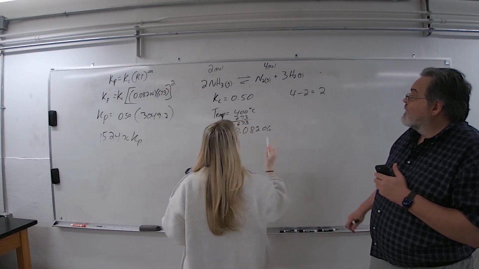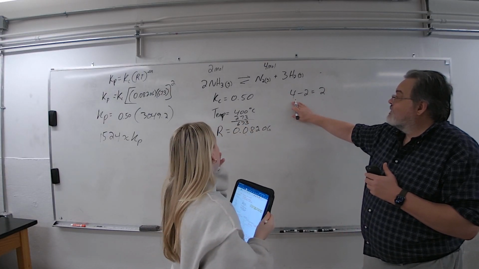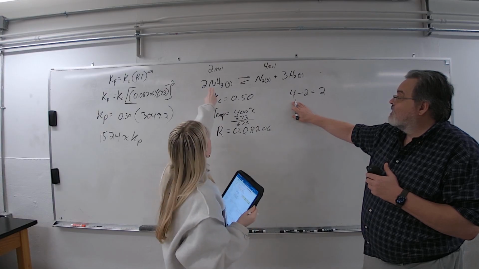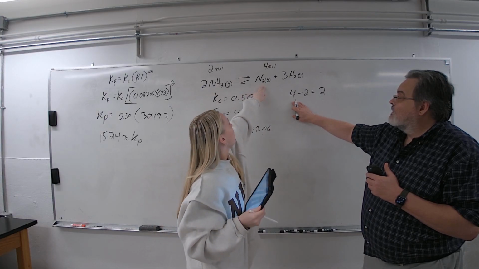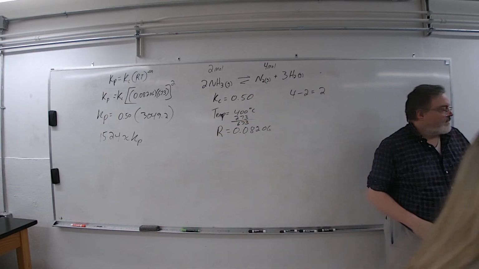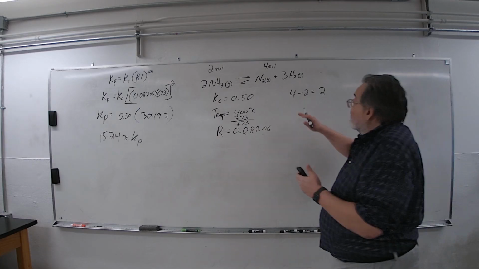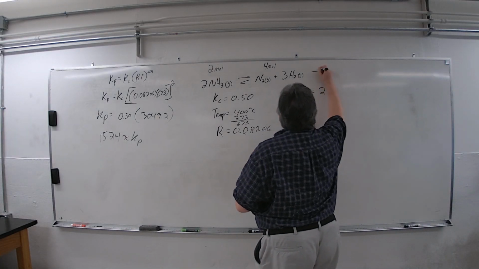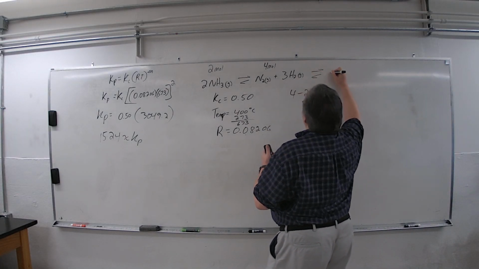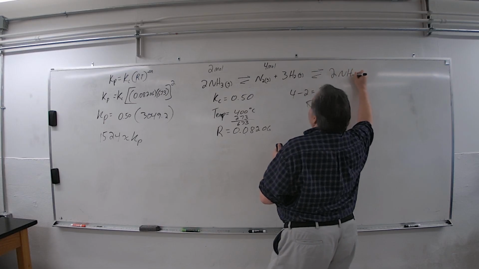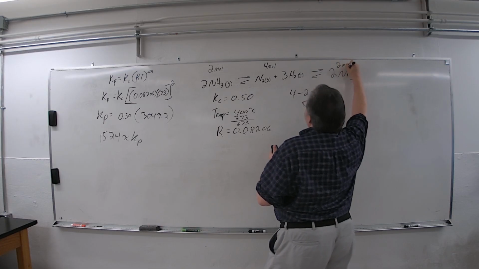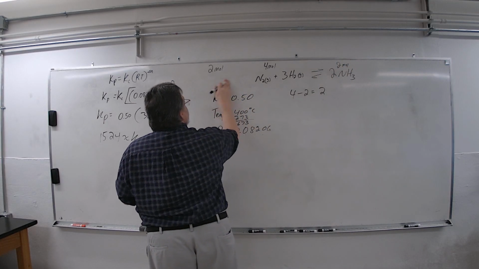So you flipped them backwards. So if that was 10 to the negative 2, would I have gotten the right answer? Okay, so this was backwards. Thank you. Trying to go too fast.